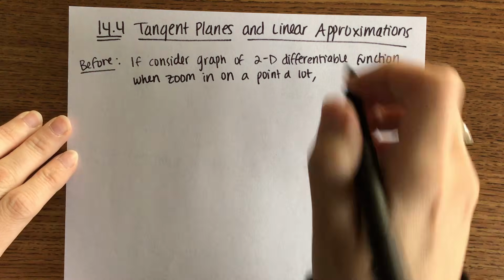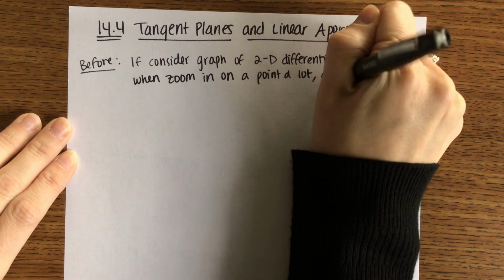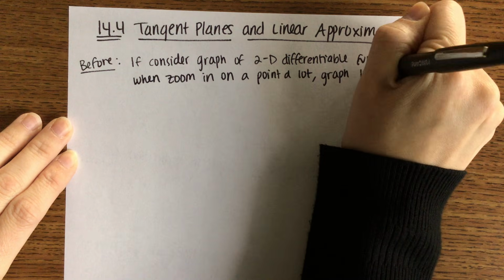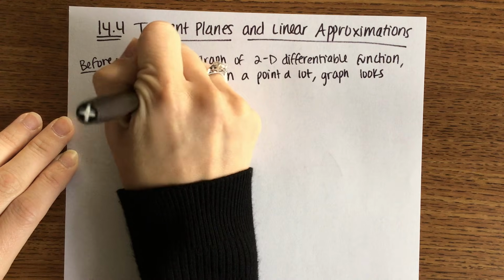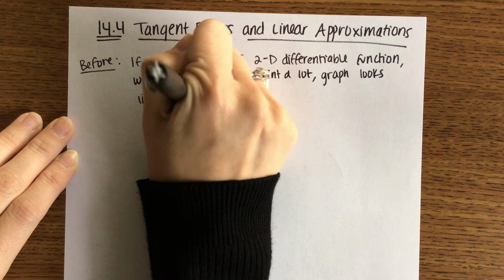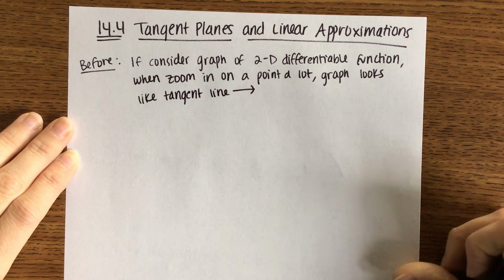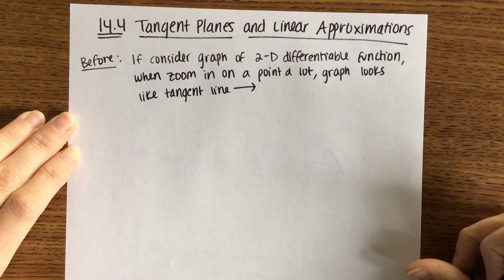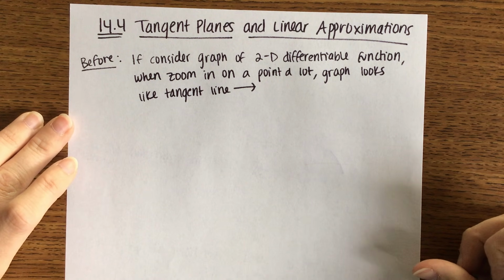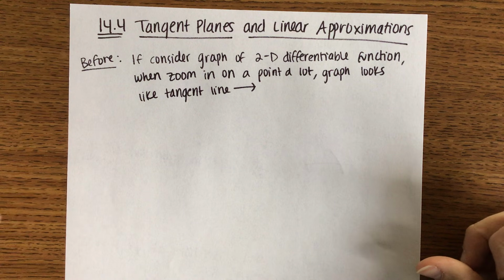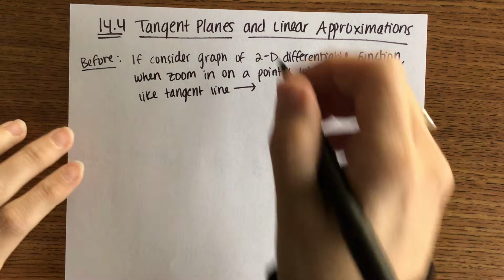Yeah, the tangent line. And so what you did in calc before is you would approximate the function using that tangent line when you were really close to that point. Do you remember that? Vaguely?